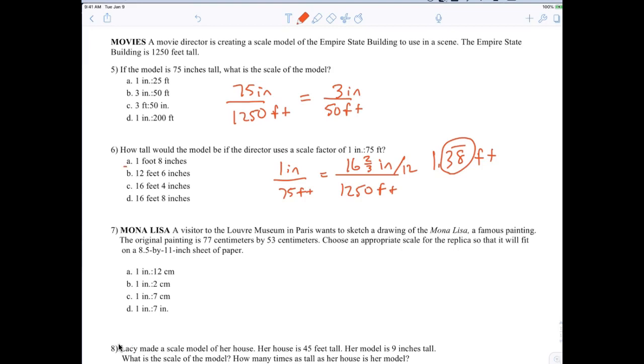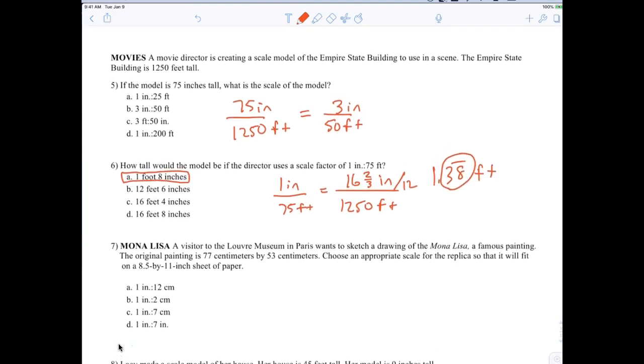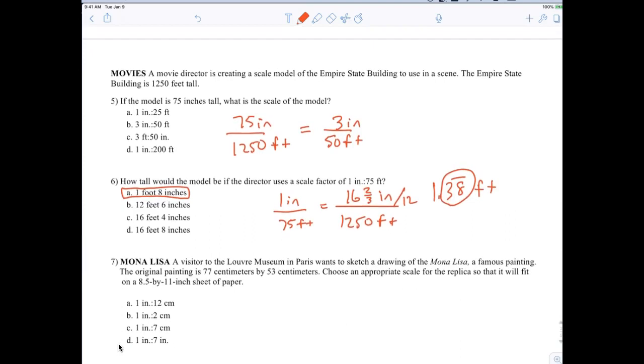Yeah, I think the answer is A. I think they just made a mistake. Because 1 inch is to 75 feet, and it's 1,250 feet tall. So double check, 1,250 divided by 75. Is that what it was? Yeah. All right. I'm not sure why it's a little bit different on that.